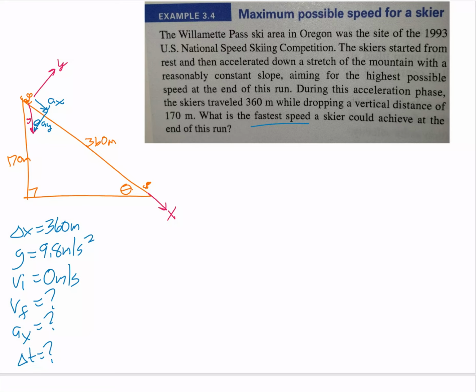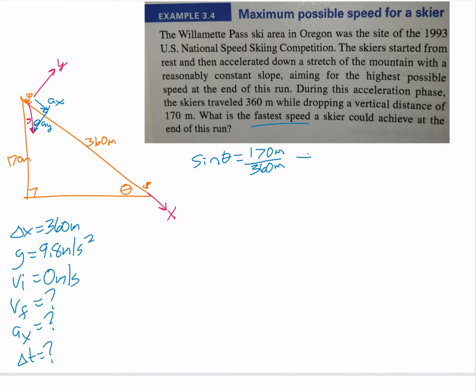We probably should calculate theta. How should we do that? Opposite over hypotenuse. So sine theta equals 170 meters over 360 meters. The meters are gone.